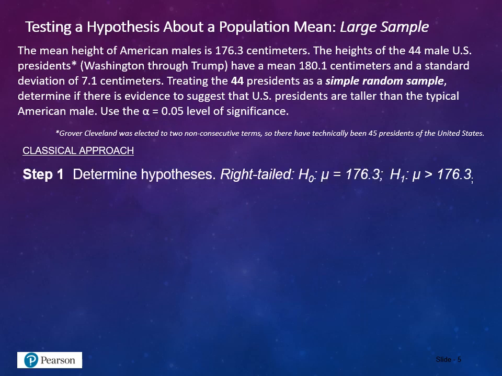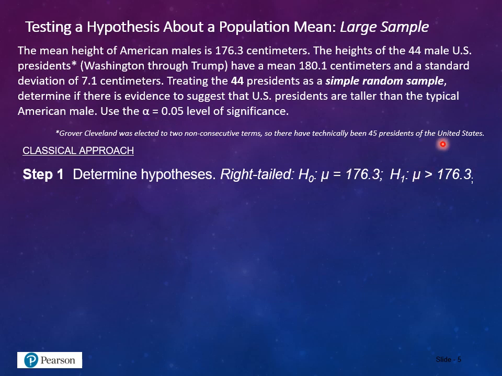So our hypotheses are, we can see it's right-tailed. How do we know that? Because we want to know if the U.S. presidents are taller than the typical. So that means our average given in there of 176.3, we want to know if the presidents are actually taller than that.